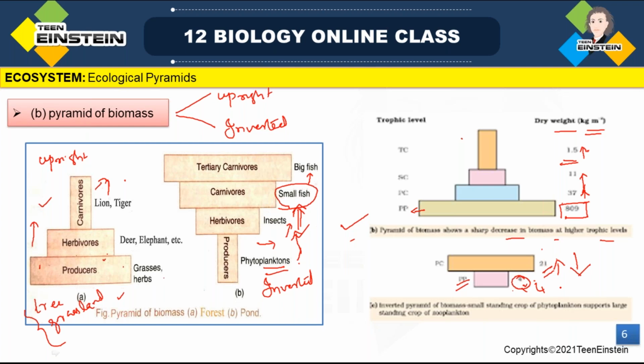During that, only 10% of the energy or biomass from one generation is getting transferred to the next trophic level. So when it is moving to a higher trophic level, the biomass is increasing. The number may be less, but the biomass is increasing.